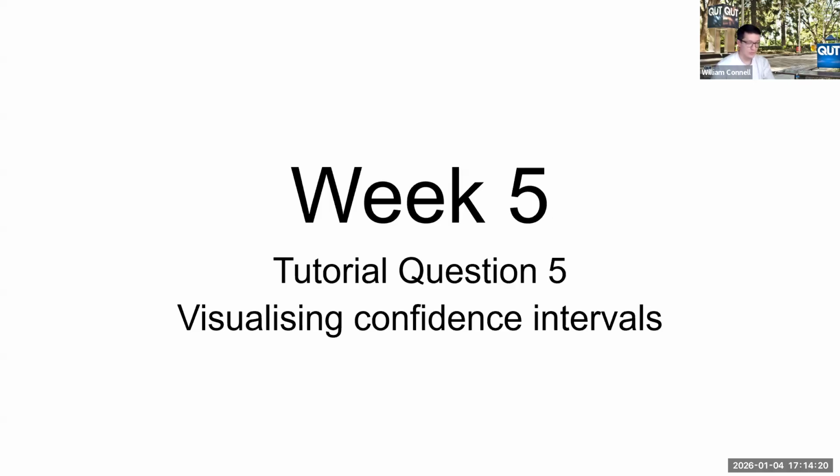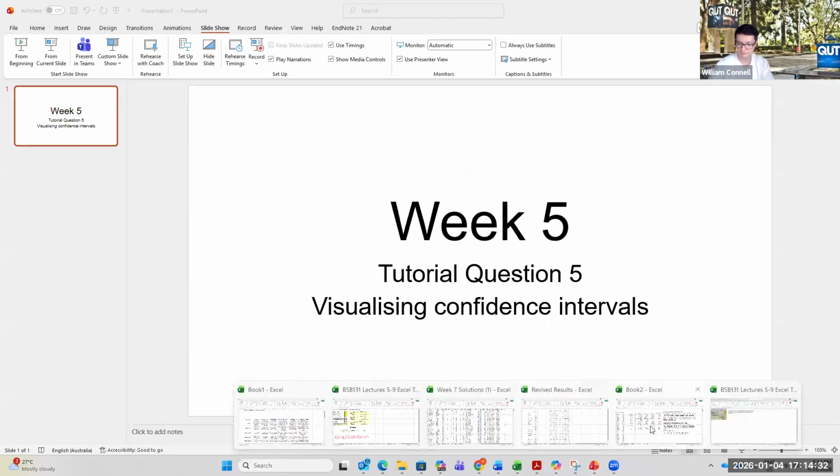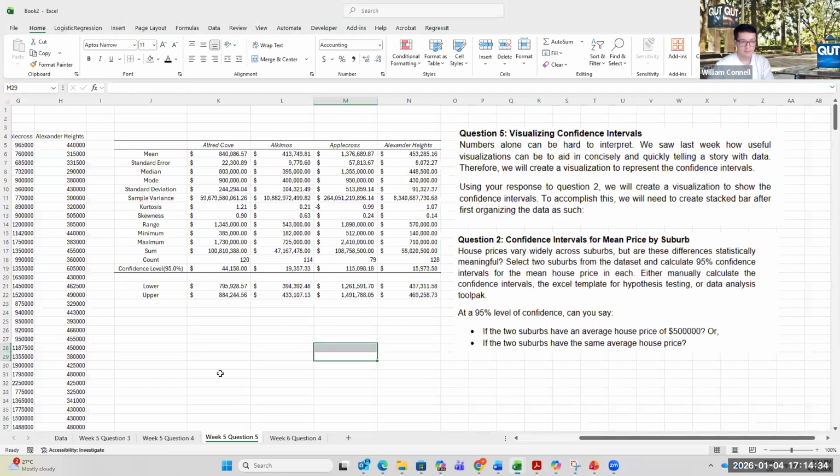Okay. So the way that we're going to do this is we're going to create a stacked bar graph in Excel. So I'll show you guys how to do this. So here we go. This is question 5 from the week 5 tutorial. And basically question 5 is based off of question 2, right?